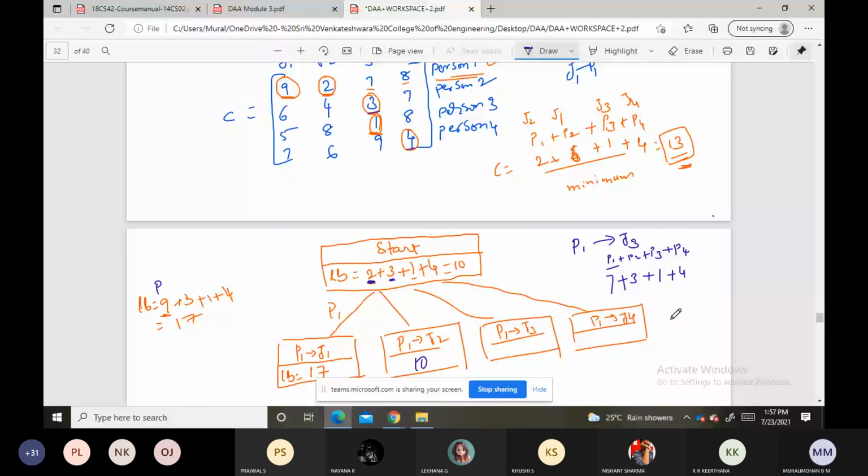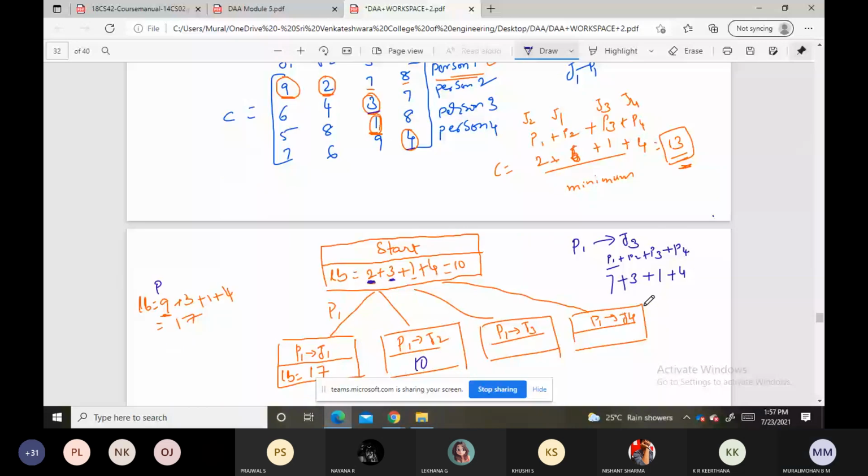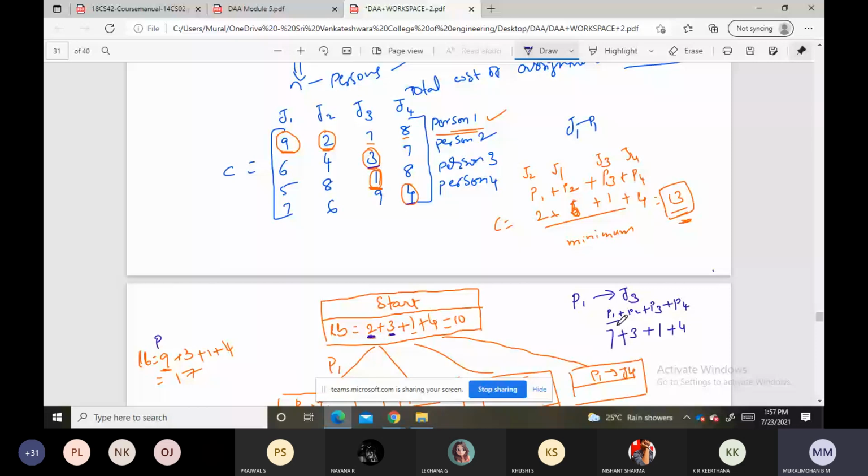Wait, you just observe here. For person 1, we are assigning job 3.